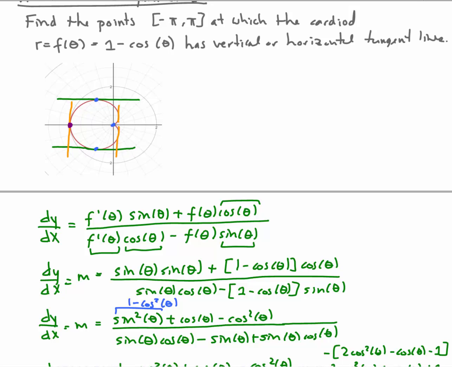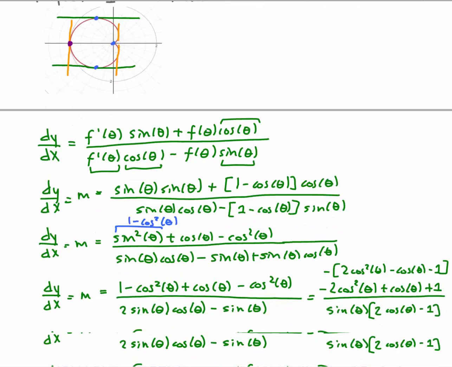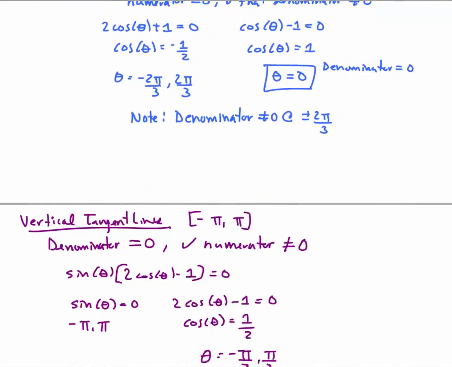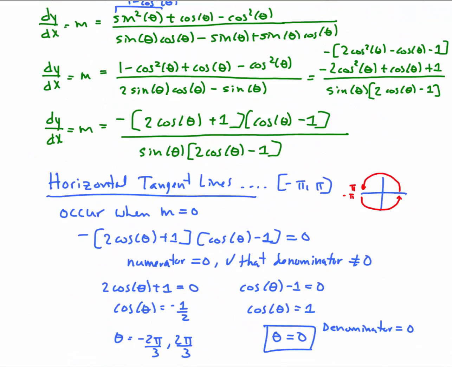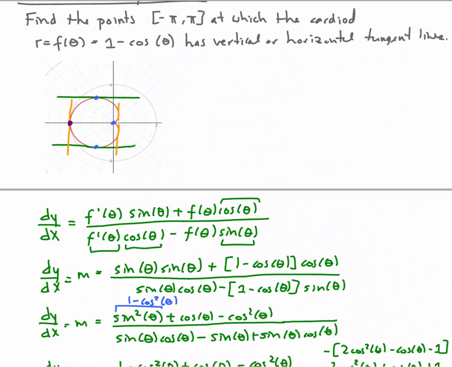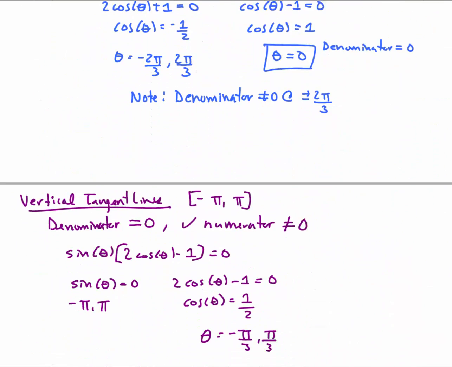And then it looks like I have negative pi over 3 and positive pi over 3. So this would be my positive pi over 3, and this would be my negative pi over 3. And that totally makes sense then. I have those vertical asymptotes there.